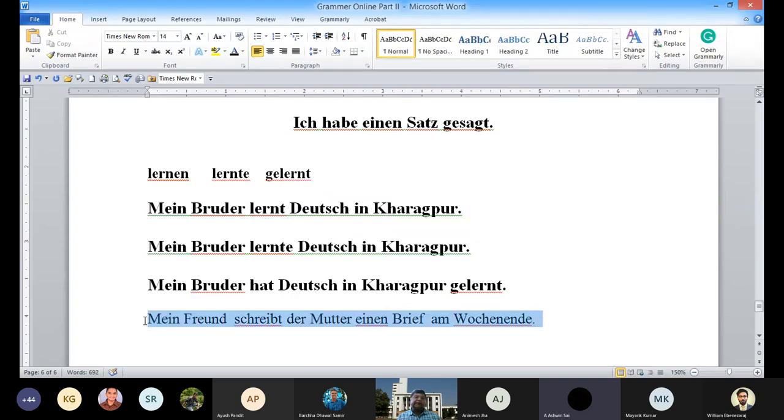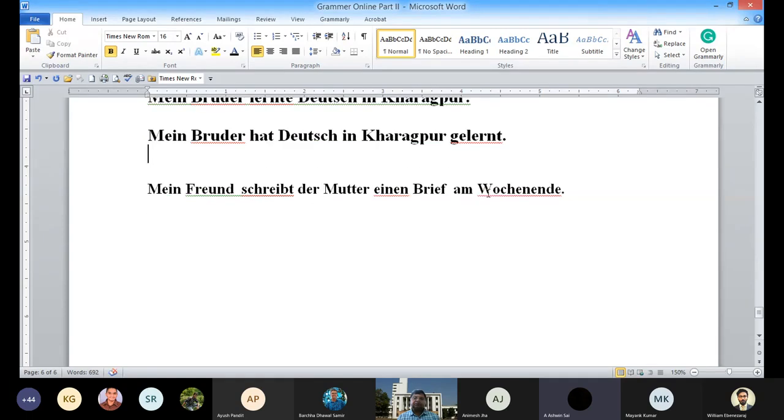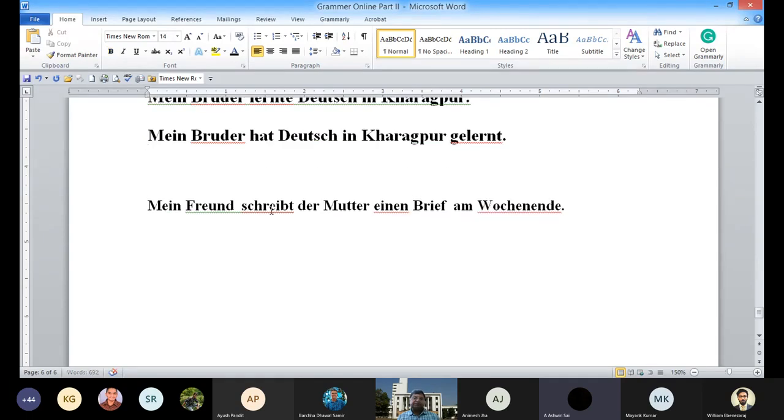So if you look at this sentence, can you read it? Mein Freund schreibt der Mutter einen Brief am Wochenende. You understand the meaning?